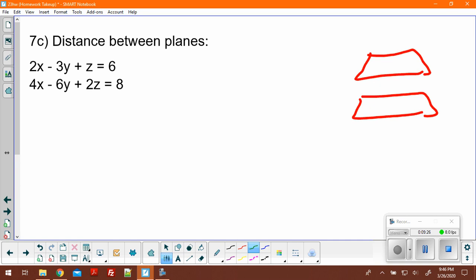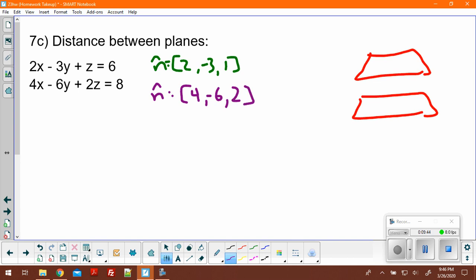If I look at my first plane, the normal of that first plane is going to be (2, -3, 1). My second plane is (4, -6, 2). These two vectors are scalar multiples of each other.